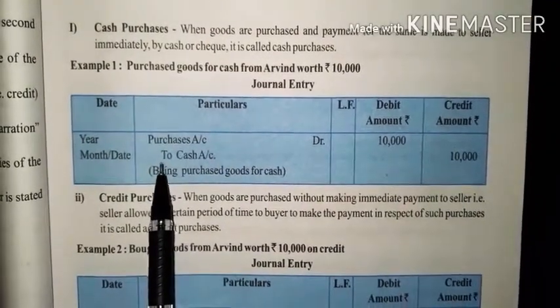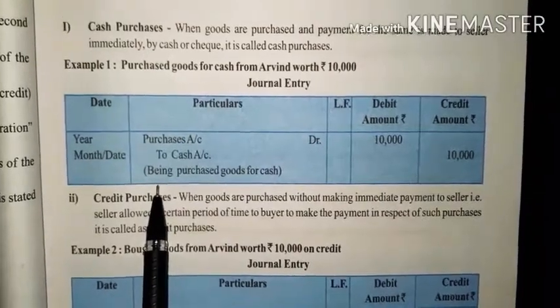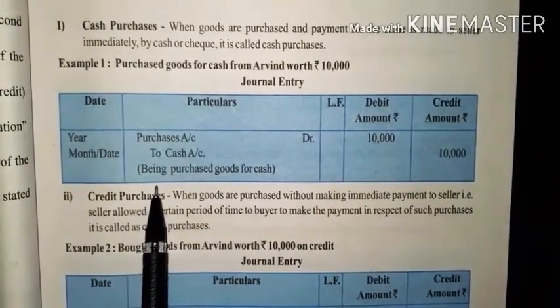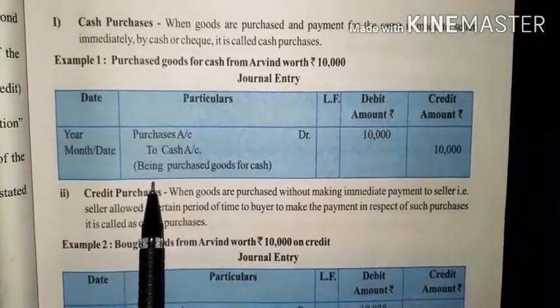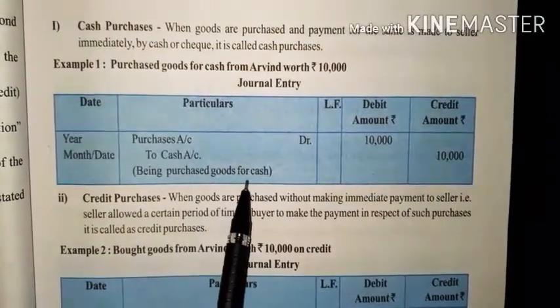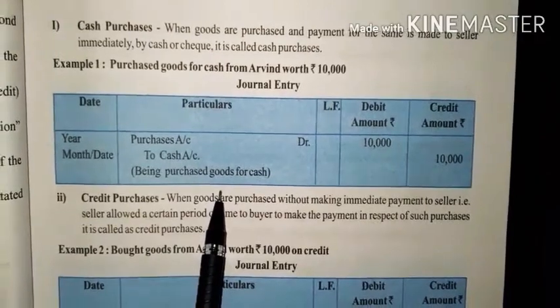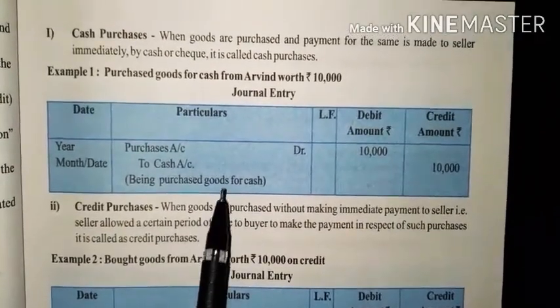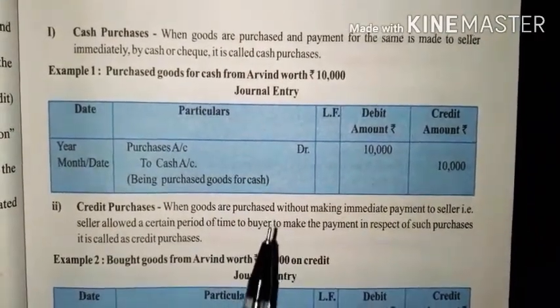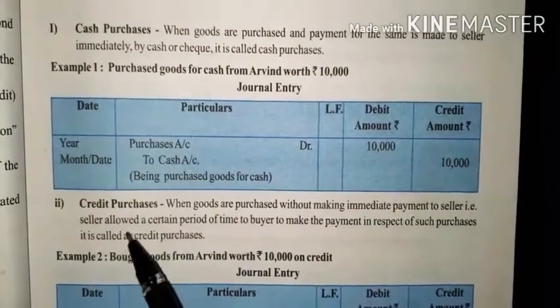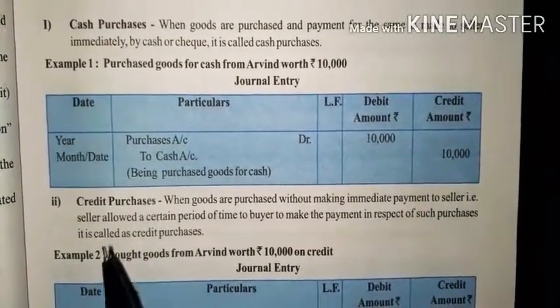Now here we have purchased goods, so the narration you will write over here is purchased goods for cash. This is the description you have to mention under each transaction you record in a journal. Remember this.